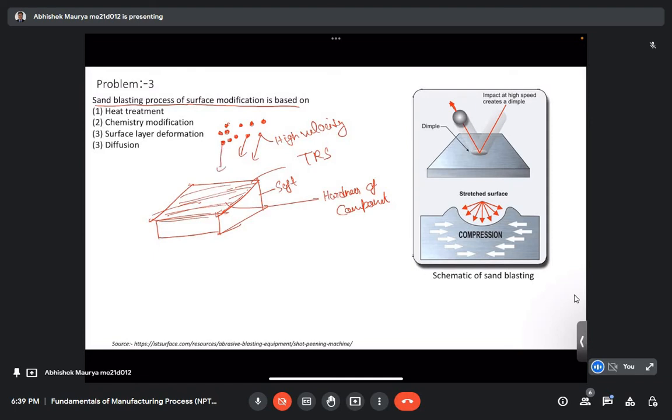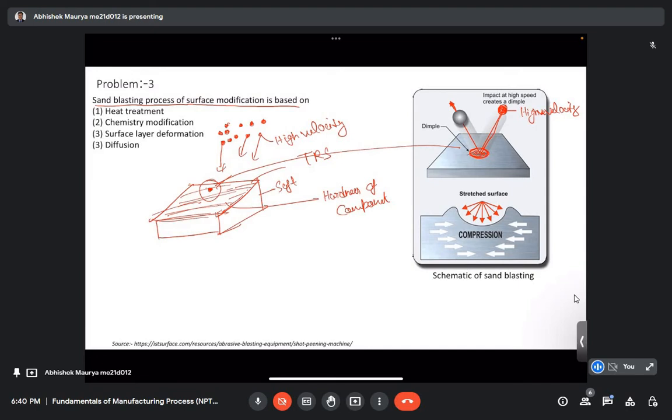When these particles strike the surface of the material, what happens? The zoomed version is shown here. Here we are focusing on just one sand particle or grit. A high velocity, high kinetic energy ball comes, and because of impact it deforms the material locally and plastically, and this is permanent deformation.